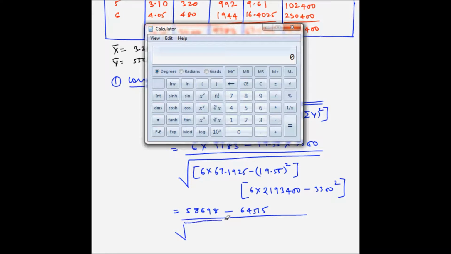So let's first find out the first bracket. 6 multiplied by 67.1925 minus 19.55 square. So this is 20.9525. So 20.9525 multiplied by, now the next bracket, 6 multiplied by 2,193,400 minus 3300 square. So this is equal to 2270400.